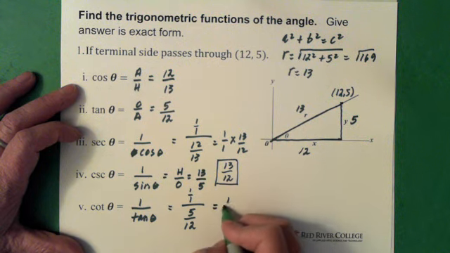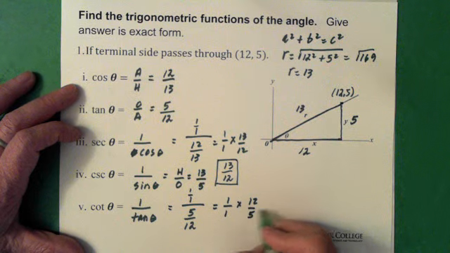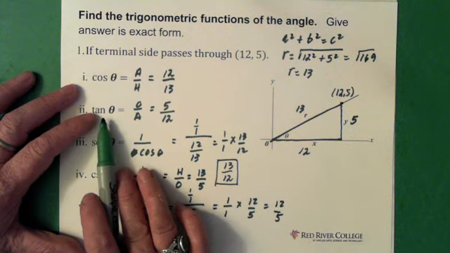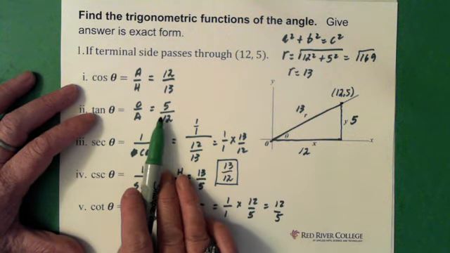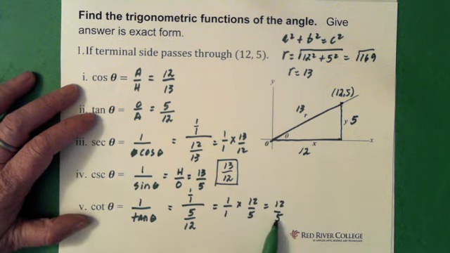That becomes 1 over 1 times 12 over 5, which is 12 over 5. You can see that the tan of the angle is 5 over 12, and the cotangent of the angle is just the flip of that. It's just 12 over 5.